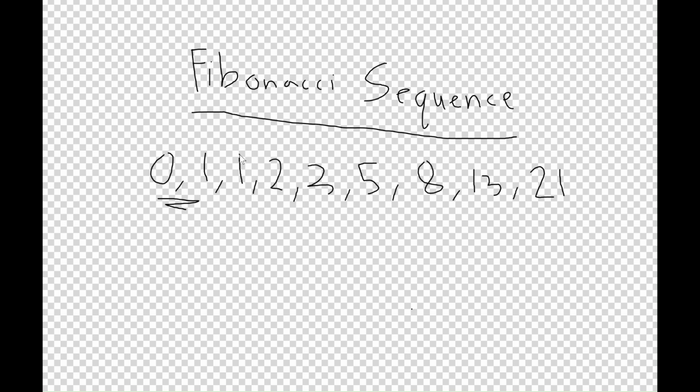And so this can be seen as the function and/or equation as this: F of n, where n is a number, is equal to F of n minus 1 plus F of n minus 2.